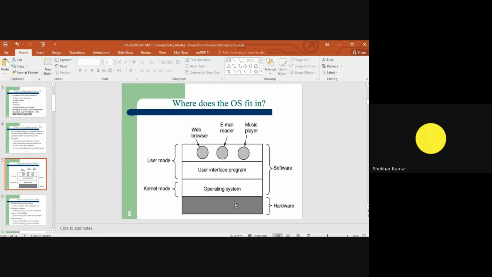These systems are also called your time sharing operating systems because the processor time, the CPU time, is shared among multiple users to execute their tasks. This is called your time sharing.